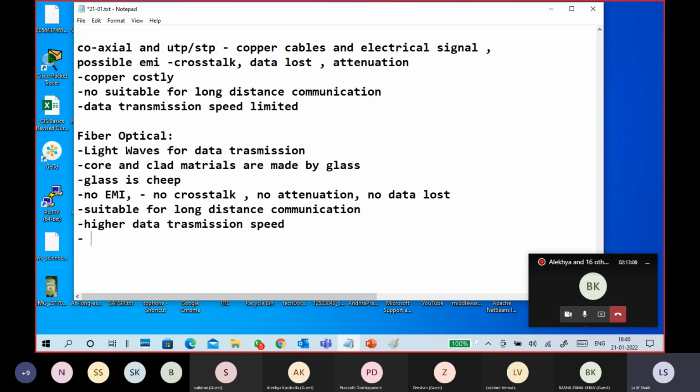Next, the global internet connection is through fiber optical cables only.